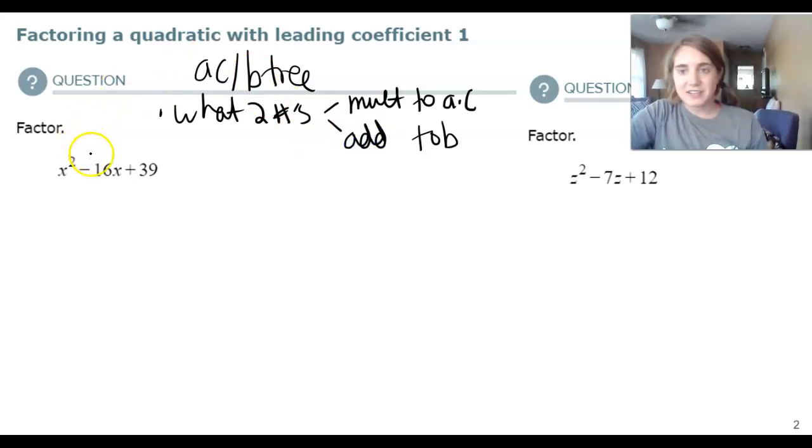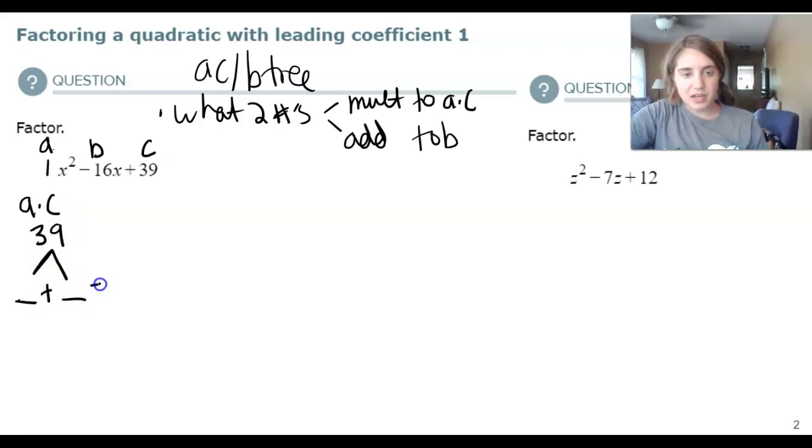So I'm going to go ahead and identify A, B, and C. Here's A, B, and C. So if I did A times C, it's 39. So we're looking at what two numbers multiply to 39, but they add to our B of negative 16.